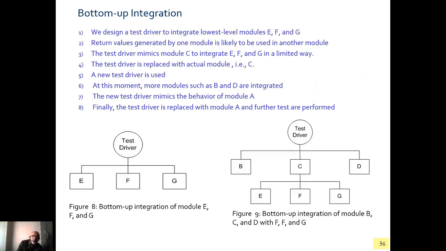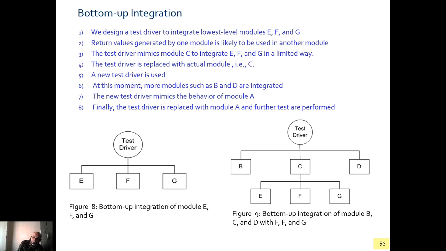So let us go to bottom up. You have got the test driver. So bottom up integration of the leaf nodes now, E, F, G, right? And when E, F, G are tested, then you can test B, C, D, and then you can comment about A. So you work at the right level, isn't it?